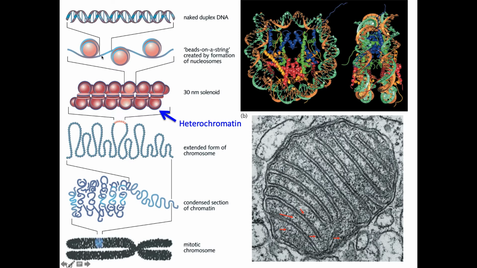It tends to be wrapped around these histones that form nucleosomes. And then once it's wrapped around those nucleosomes, it starts stacking up into these solenoidal features. And where it's wrapped around these nucleosomes, it forms something that we refer to as heterochromatin.